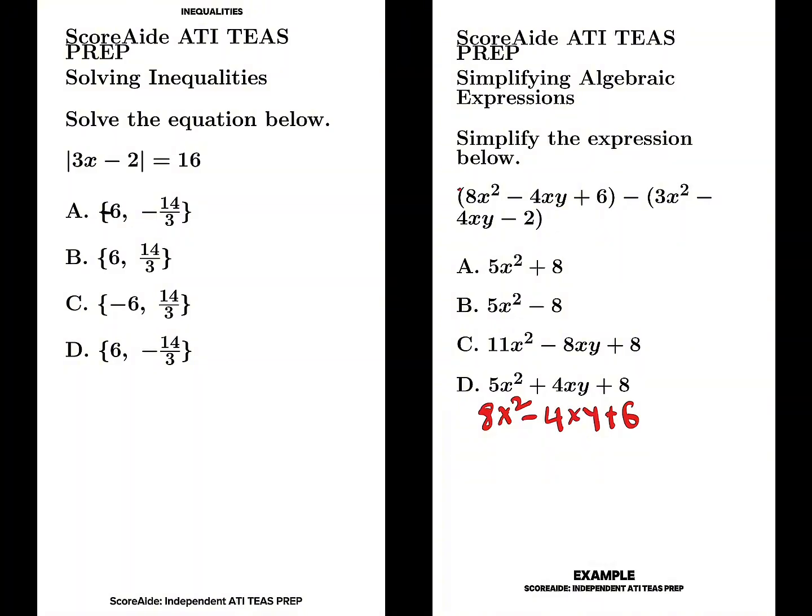For example, 8x squared and 3x squared are both like terms because they both have the same variable, which is x, and the same power, which is 2, right?